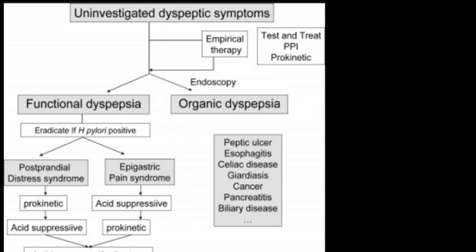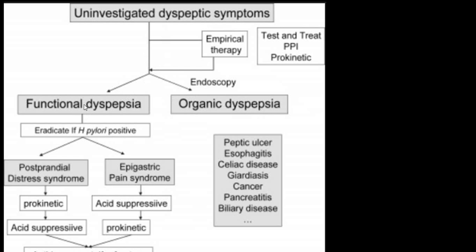And then you can add acid suppressive therapy. When you combine a proton pump inhibitor and prokinetic, and it gives good results, then it is more in favor of functional dyspepsia. And if it does not give good results, always try to rule out organic dyspepsia.